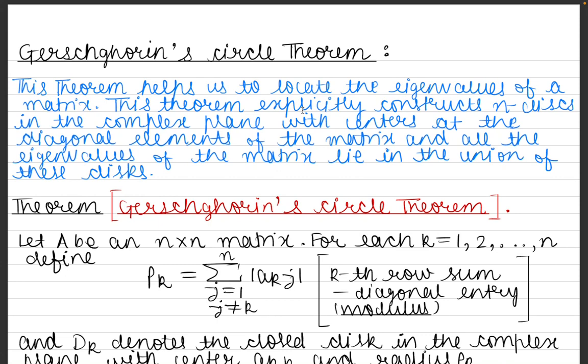So let us explicitly write what the theorem is. This theorem is called the Gauss-Gorin circle theorem.